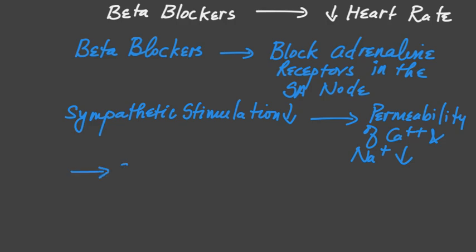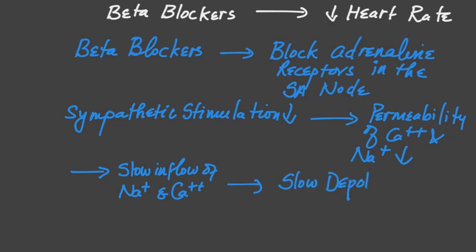As a result, there is slow inflow of both calcium and sodium. Now, if there is slow inflow, there's going to be slow depolarization. So slow depolarizations occur. When this happens, you're going to have fewer action potentials in the same time frame.